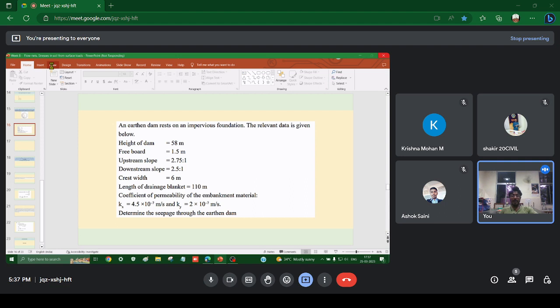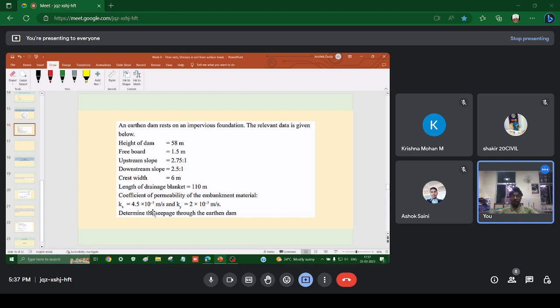Length of drainage blanket, I think you don't know. And permeability of the embankment material. Basically this is an anisotropic material. That's why this has kx and ky separately. So here the discharge q, the formula is not kh into nf by nd. It has a different formula.